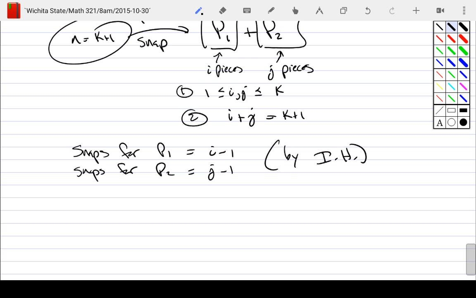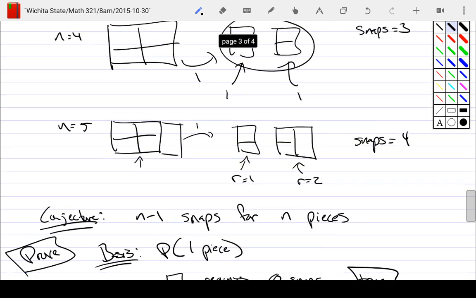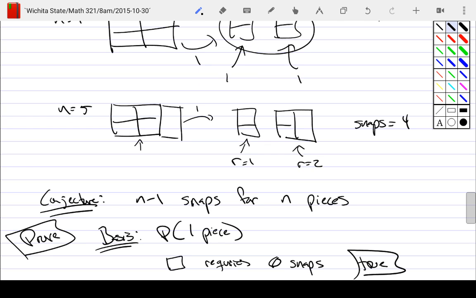So, how many snaps have occurred? Think about what I did up here on my building process. Can I prove by example? No. But does the example give me ideas? Yes. How many snaps did n equal 5 have? 1 plus 1 and 2. But why is the 1 and 2? Because the 1 had 2 pieces, which requires 1 snap. The other had 3 pieces, which requires 2 snaps.